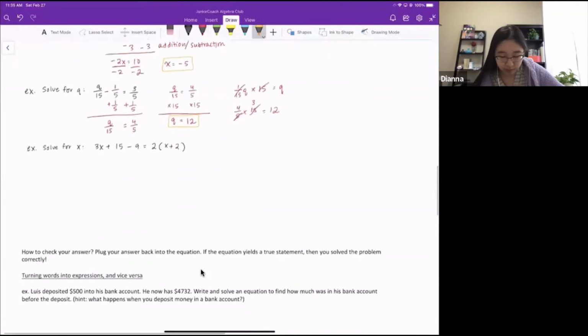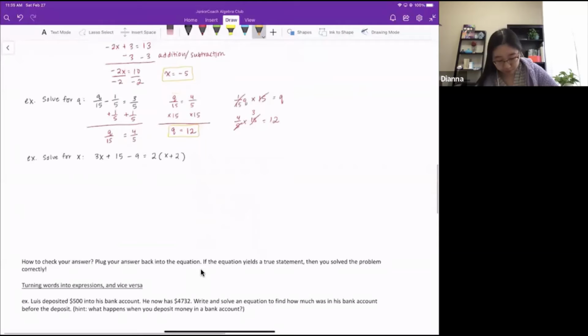Okay, so for this one, I might plug back in and check because it's a bit more complicated. So solving for x: 3x plus 15 minus 9 equals 2 times parentheses x plus 2. This one kind of taps into what we did last class. In last class, we dealt with combining like terms, and also we mentioned the distributive property.